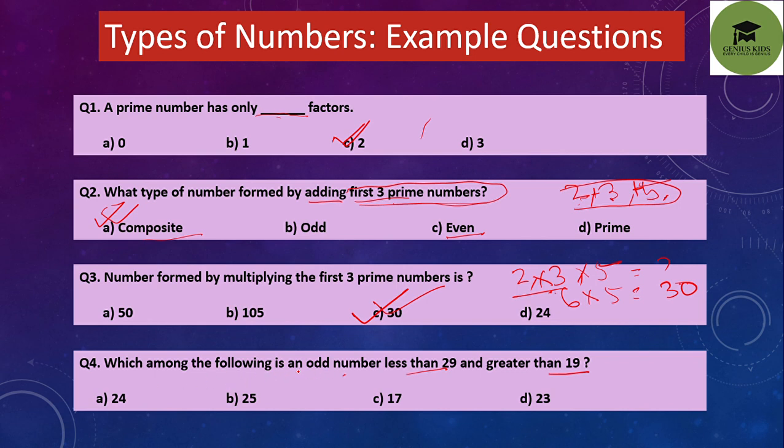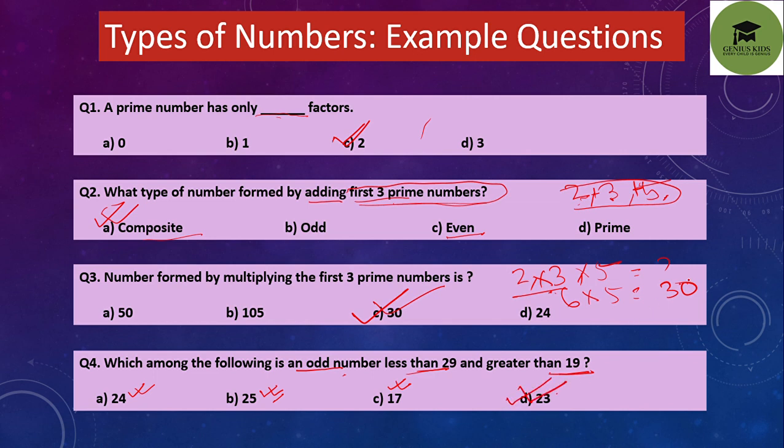Here, 24 is greater than 19 but less than 29, but it is not an odd number, it is an even number. 25 is an odd number, but it is a composite number. 17 is less than 19, so it will not be the answer.